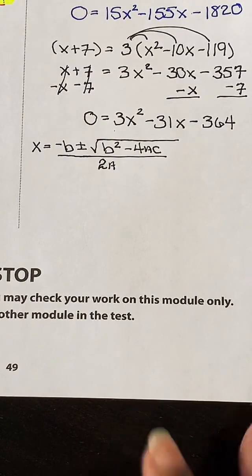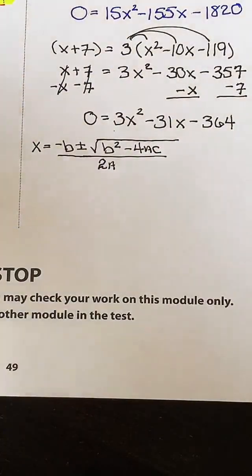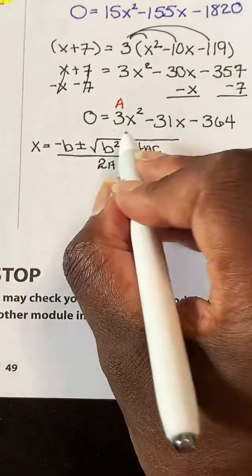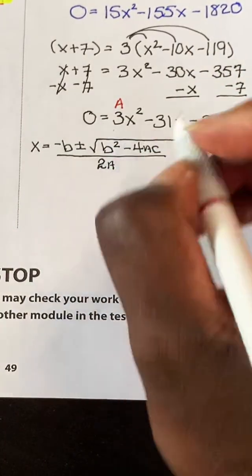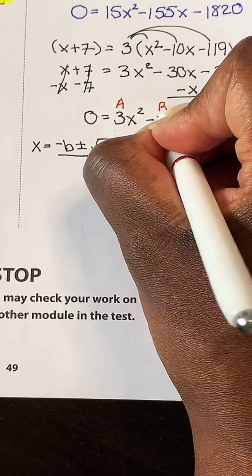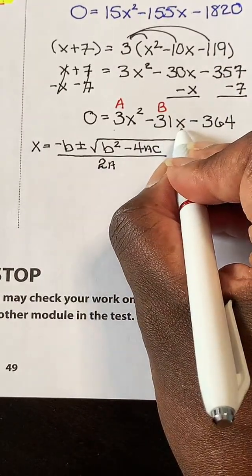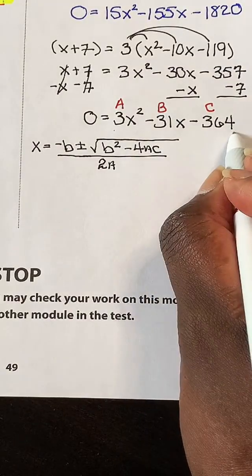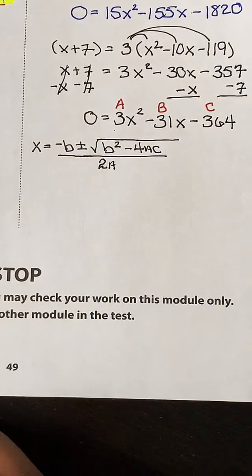So your A value is going to be what's in front of the x squared. Your B with its signage is going to be what's in front of the x. And your C is basically your constant with its sign.